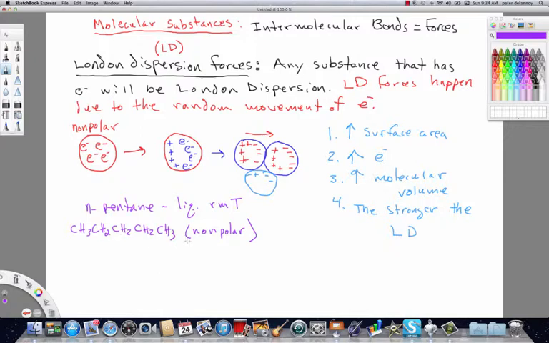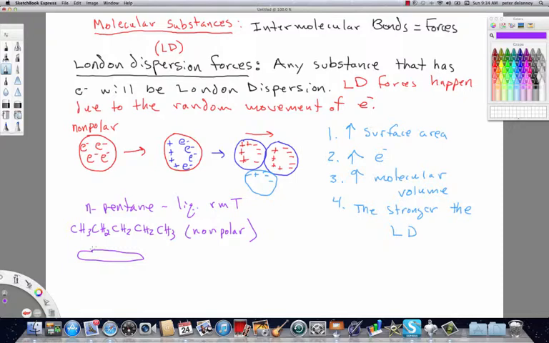But there are some other factors that come into play with London dispersion forces. If you look at this molecule and draw its Lewis formula, it resembles a long cigar, so I'm going to draw it like this.